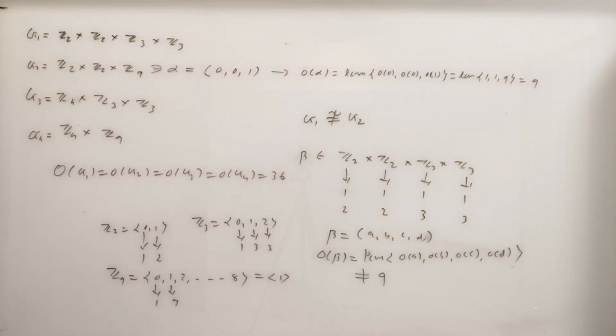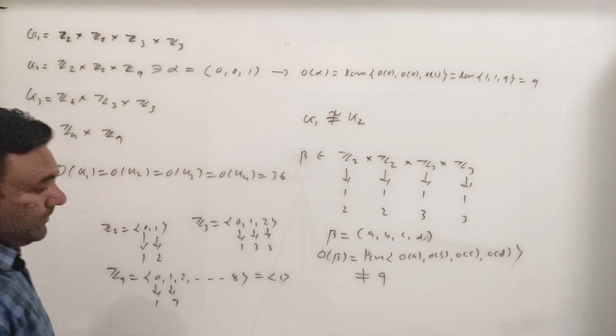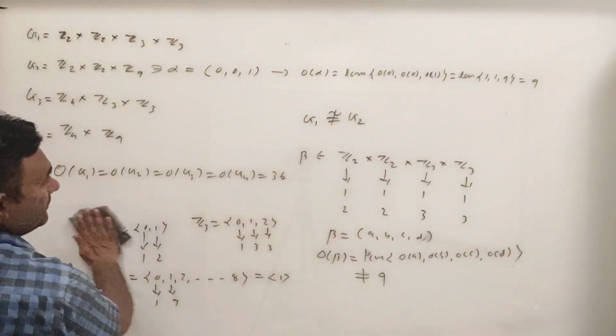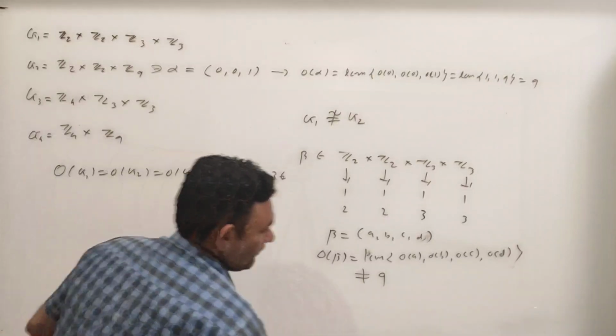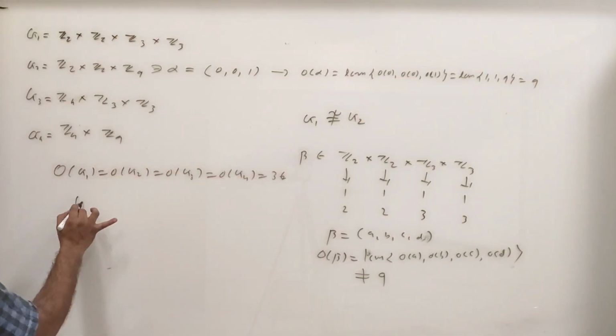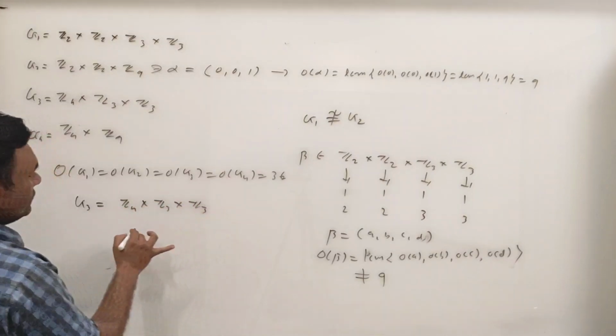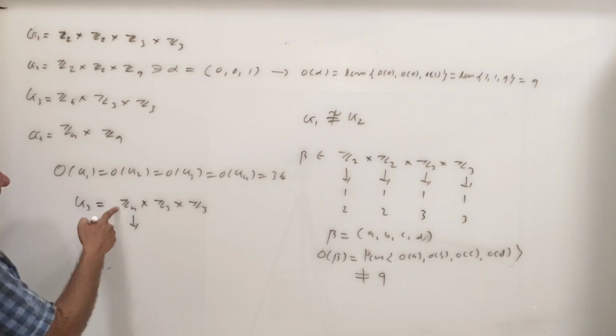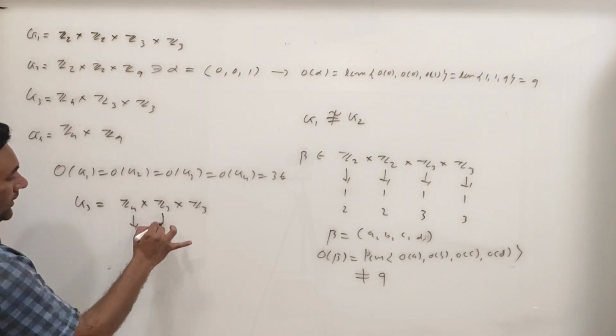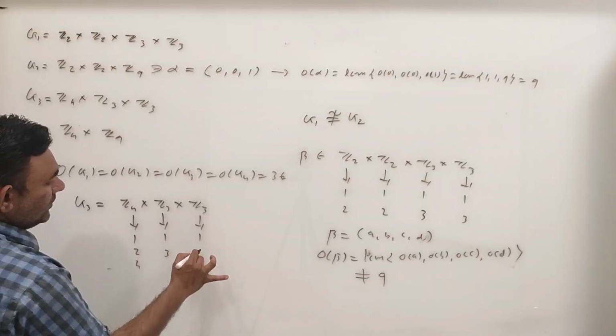By the same argument, G3 में क्या रहेगा? What is in G3? Z4 cross Z3 cross Z3. So here the possible orders of elements of Z4 are 1, 2 or 4. Here 1 or 3 and here 1 or 3.